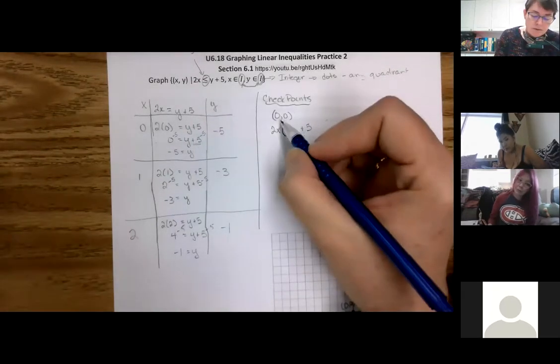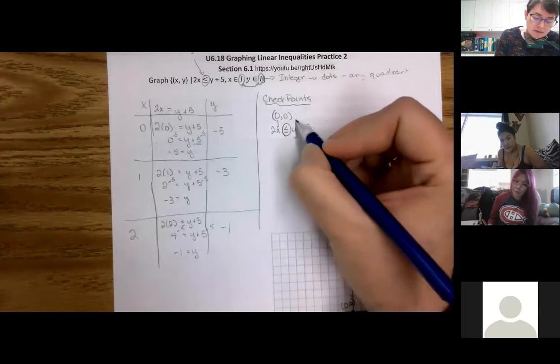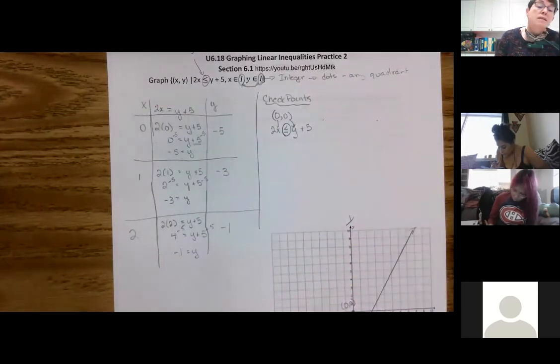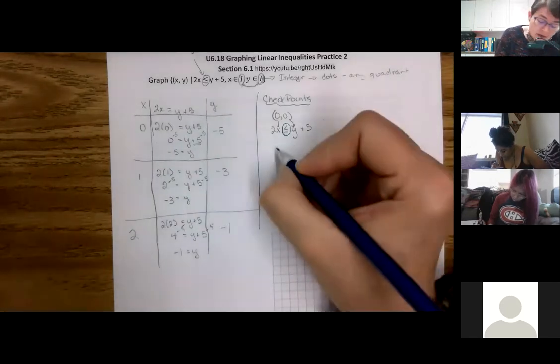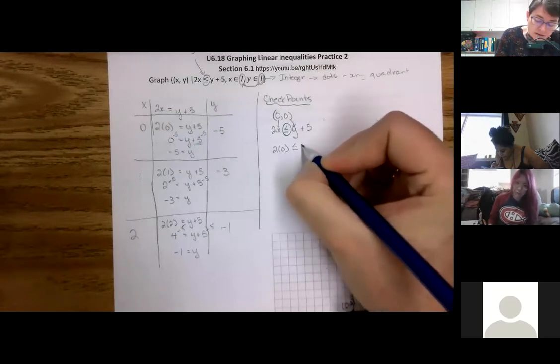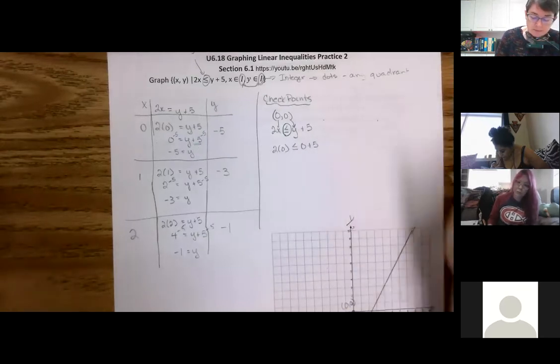So now we put our numbers in. So 0 goes there and 0 goes there. That's one of the reasons I picked 0 and 0: I don't really have to pay attention to where I put them because they're the same. So 2 times 0 is less than or equal to 0 plus 5.